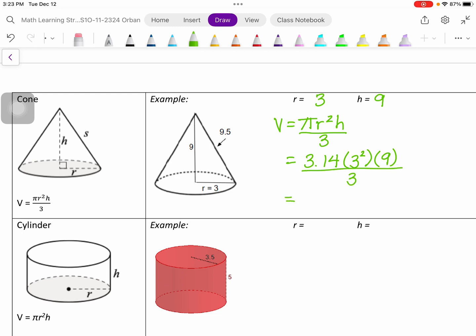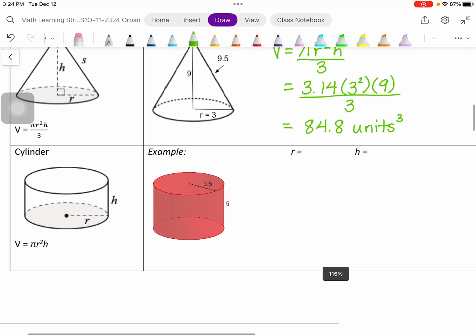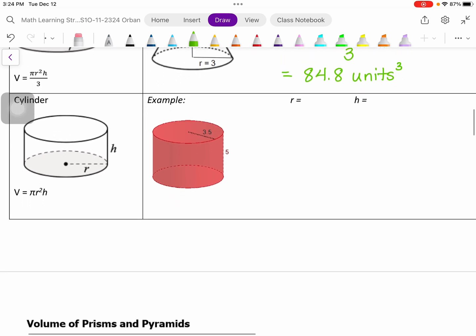So into your calculator, 3.14 times 3 times 3 times 9 divided by 3. And when we plug that in, we get 84.78. We can round that to 84.8. And once again, we didn't have units, so we're just going to write the word units, and they are cubed because it's a 3-dimensional object.